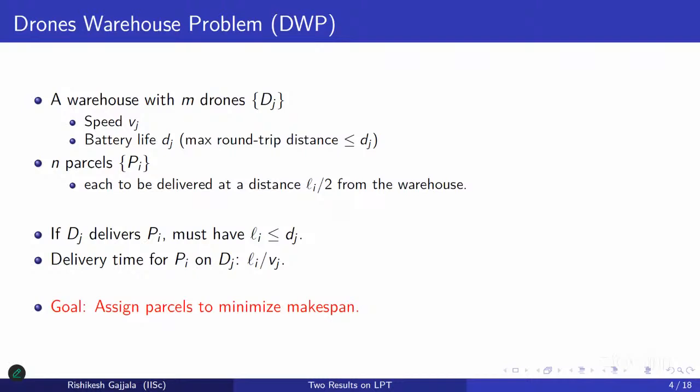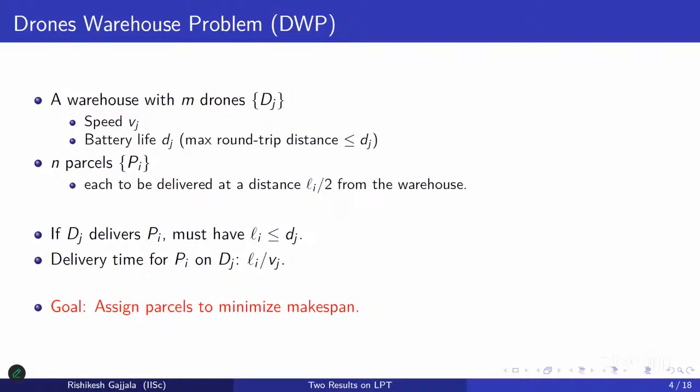And you have n parcels, and each parcel is delivered at a distance Li by 2 from the warehouse. So if you want a drone Dj to deliver a parcel Pi, it should have the battery life good enough to traverse this distance and come back. That is, Li should be at most Bj. And the delivery time a drone would take for each parcel would be Li by Vj. Now the goal is to minimize the makespan of this problem.